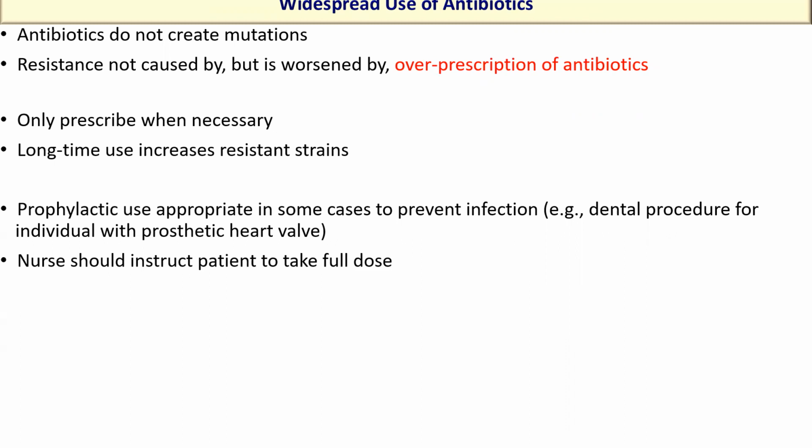So we have to only prescribe antibiotics when it's necessary. For viral infections, do not prescribe antibacterial medications. The long-term use of antibiotics also may increase the likelihood for resistant strains to develop.